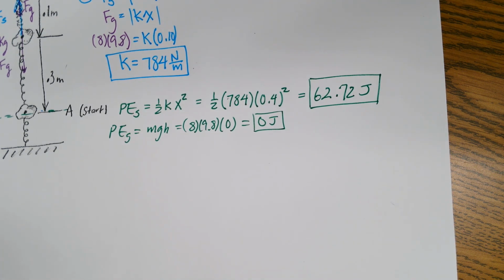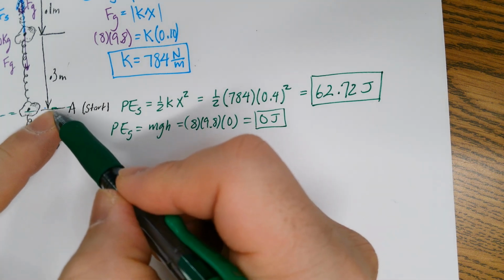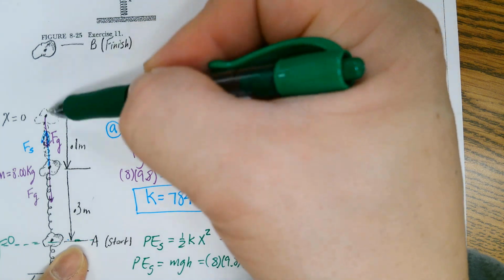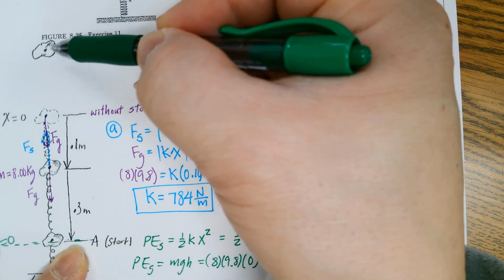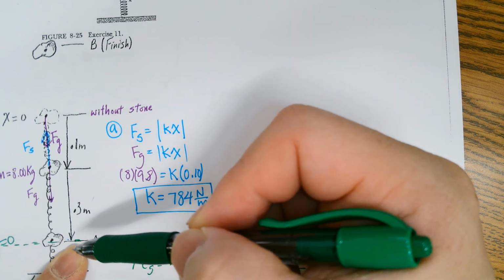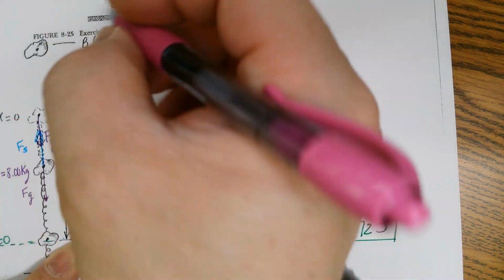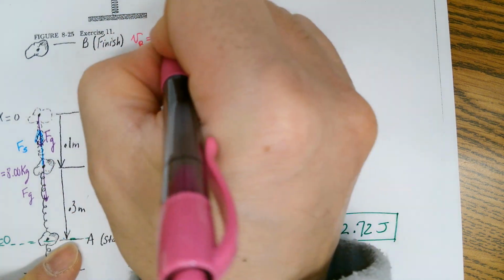Now, for part C, how high above the release position will the stone rise? So from here, when you release it, it's going to go boing, and then it's going to go all the way up to here before it slows down and stops instantaneously before it starts to drop back down again. So at this point, the kinetic energy is 0, and my v at B is equal to 0.